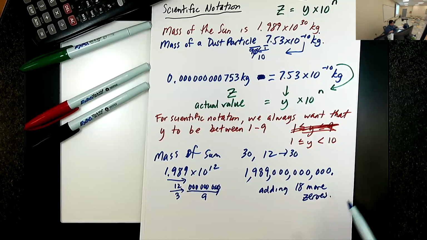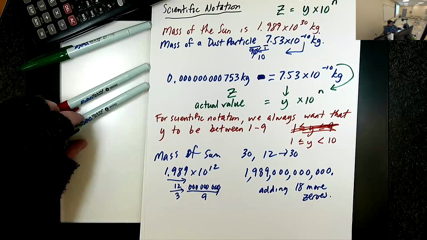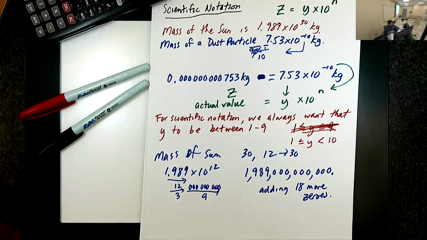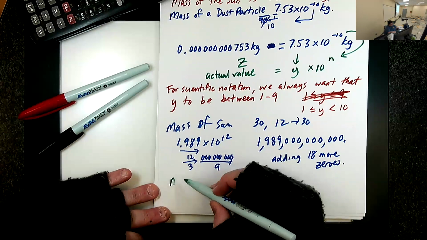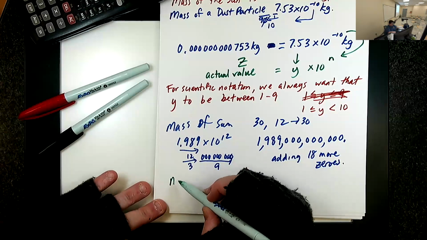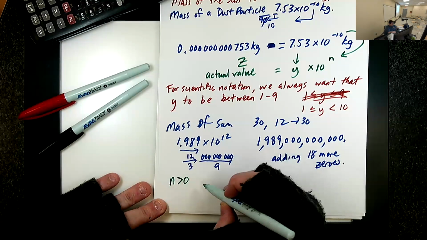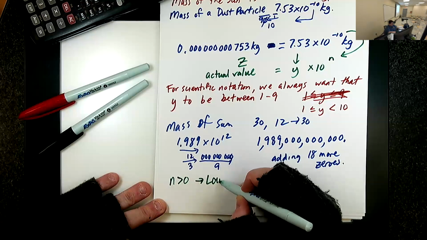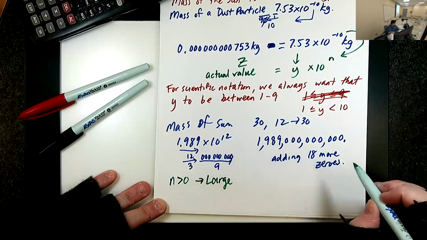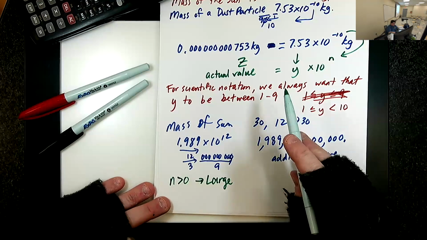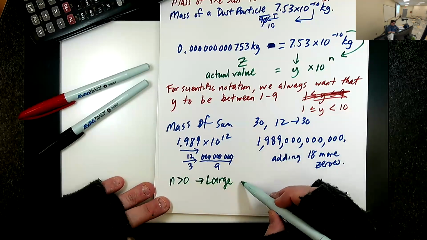So at the top number, it's a positive unit, and at the bottom number, it's a negative unit. When n is large, if n is greater than 0, it's a large value. And on the large values, the decimal is going to move to the right.